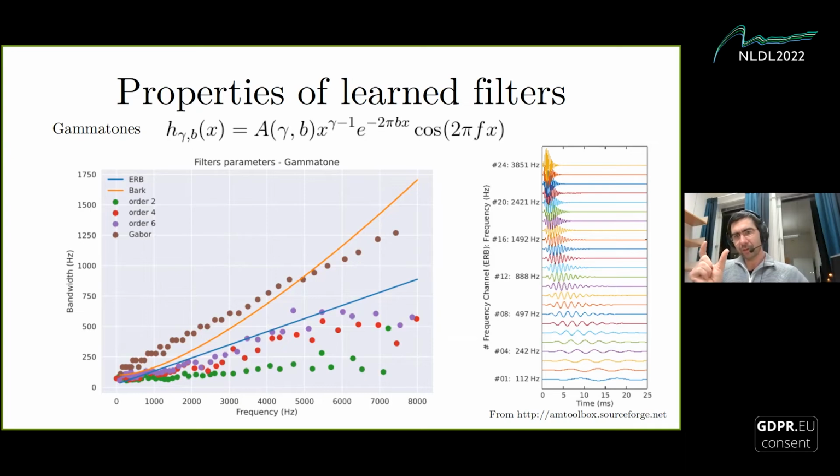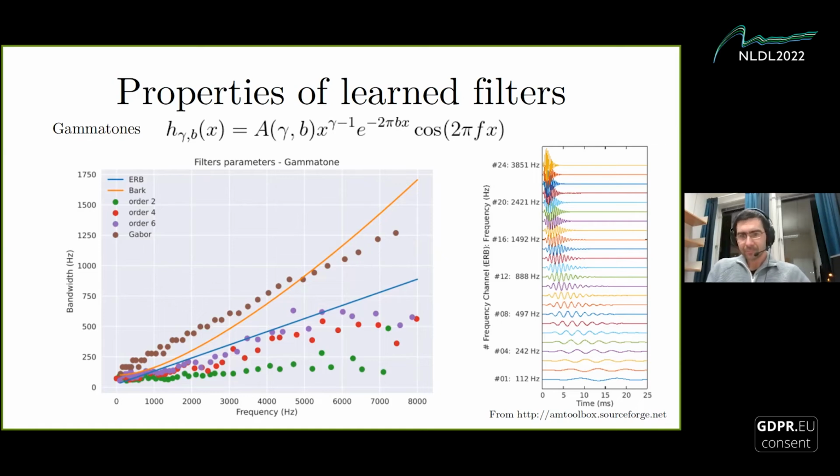And maybe you can see on the right the result of the gammatones that we get. Each waveform of a different color is a gammatone, and you have different frequencies. The highest frequency is at the top, and at the bottom you have the low frequency.